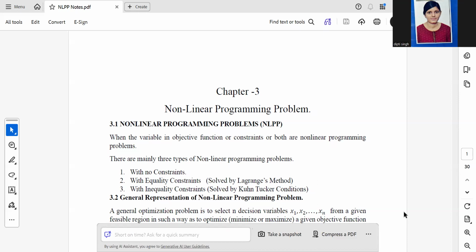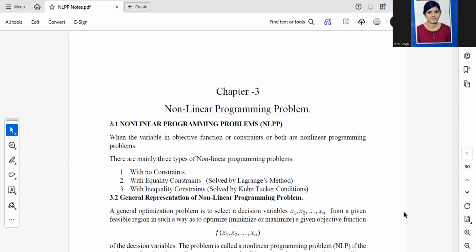In a linear programming problem, the constraints and the objective function are both linear. But in a nonlinear programming problem, either the objective function or the constraints will be nonlinear. So there may be three cases.